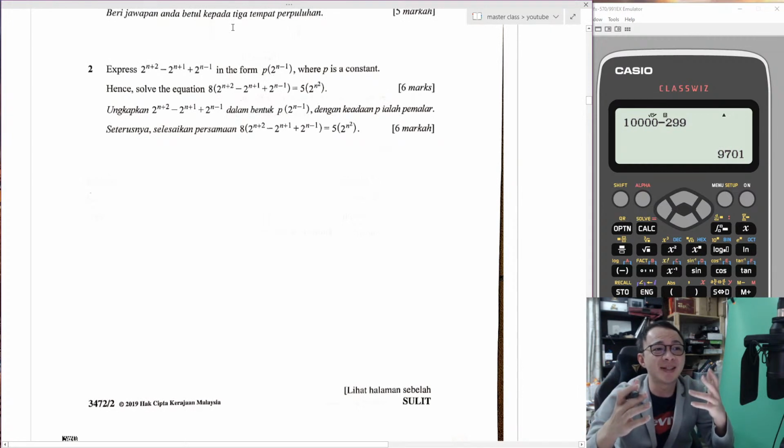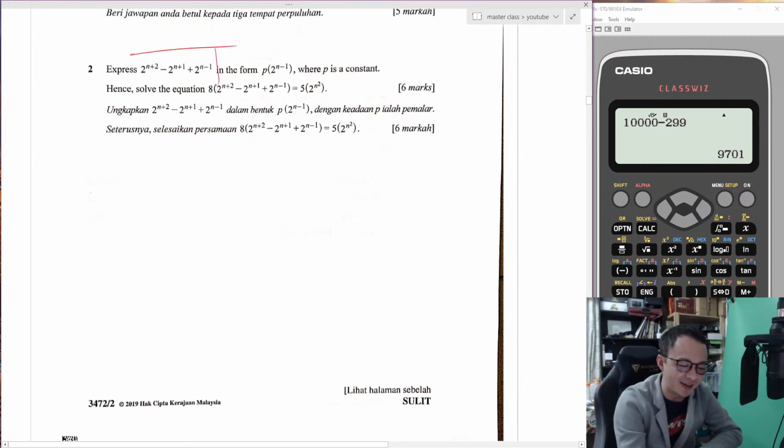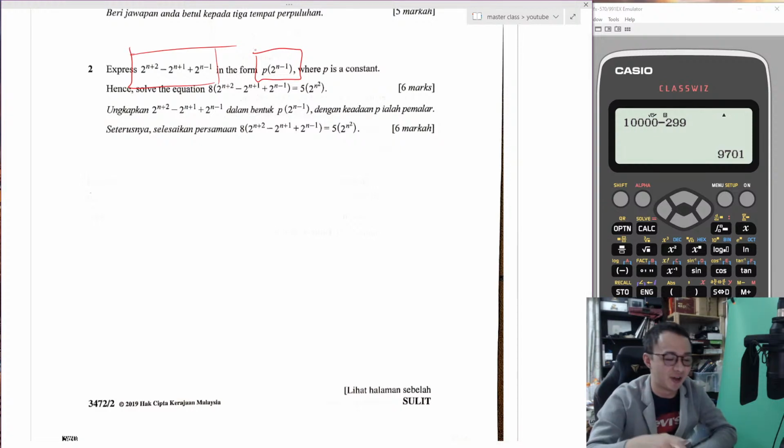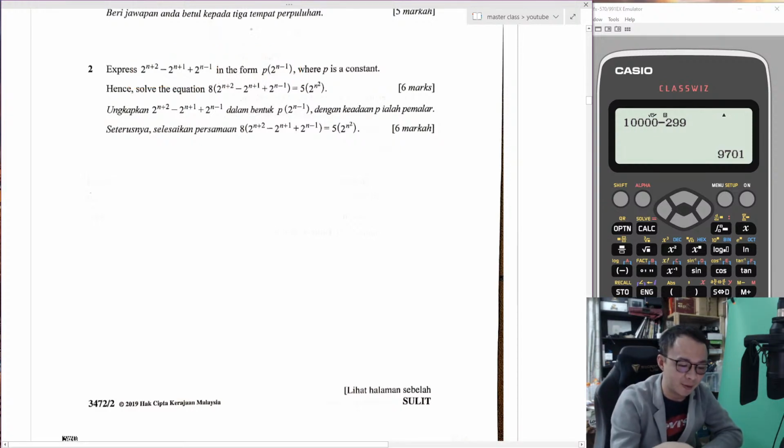Question number 2, basically they ask you to simplify this expression in this form. This is our first objective, and then after that, what we want to do is we will just solve it. So what we want to do right now is, I expand it first. This is 2 power of n plus 2, basically multiply 2 power of 2, minus 2 power of n plus 1, meaning multiply 2 power of 1, and then plus 2 power of n divide minus 1, meaning divide 2 power 1, isn't it?